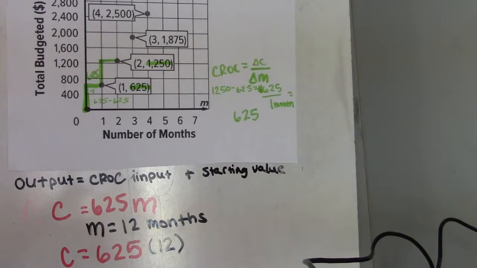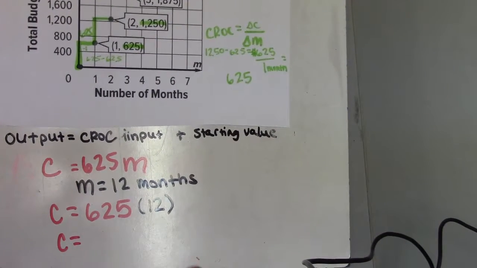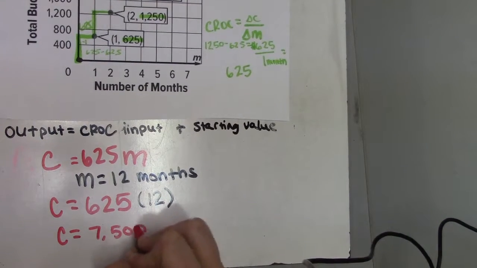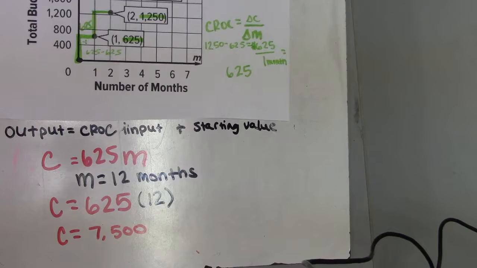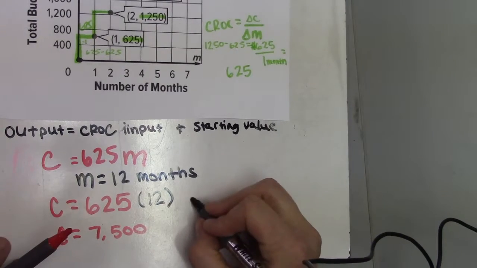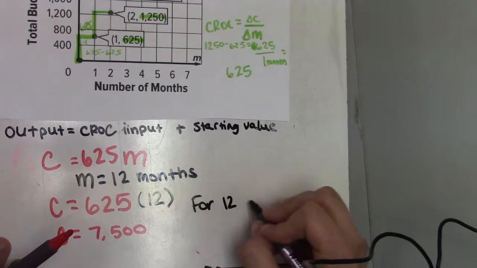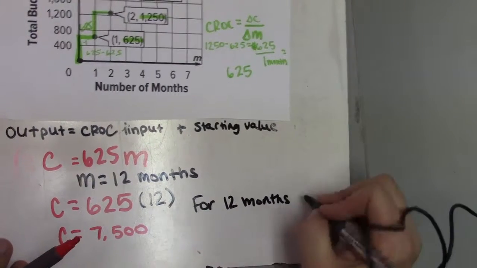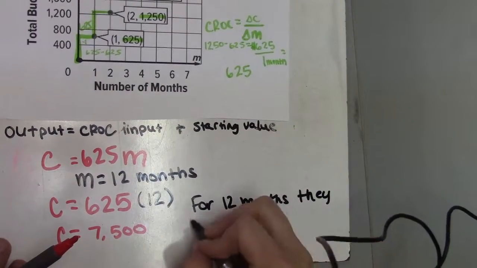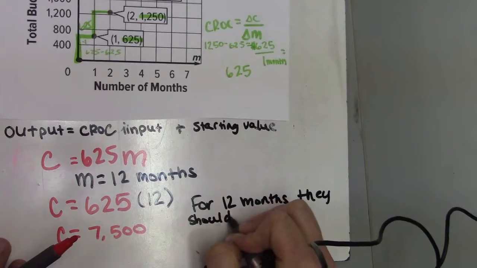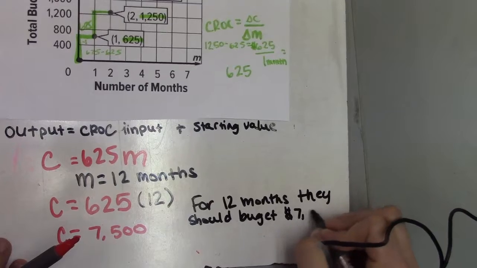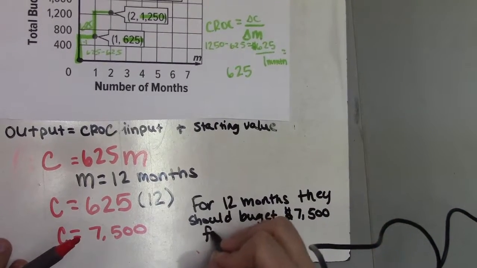And when you multiply that, which might take a little bit of multiplication, you get C equals 7,500. Or our answer, which would be for 12 months, they should budget $7,500 for food.